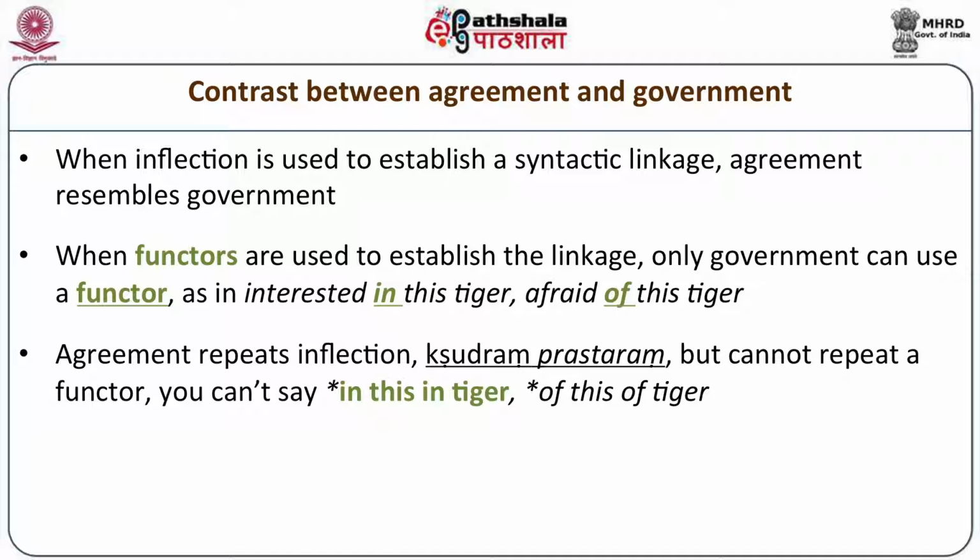Nobody ever does that. No language ever does that. Instead of from the spectacular tiger, you never say from spectacular from tiger. Agreement never forces a functor to be repeated. A government sometimes imposes a functor.